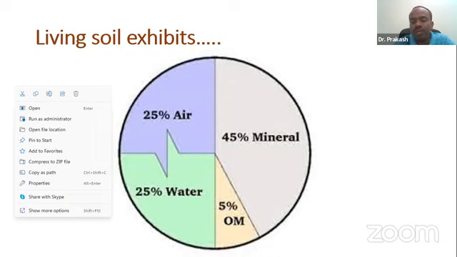Then there is 5% organic matter. Organic matter also plays an important role in the development of the biodiversity of the soil. It is all the biome, the microbial structure, that is good bacteria, good fungi, good microflora, good microfauna.